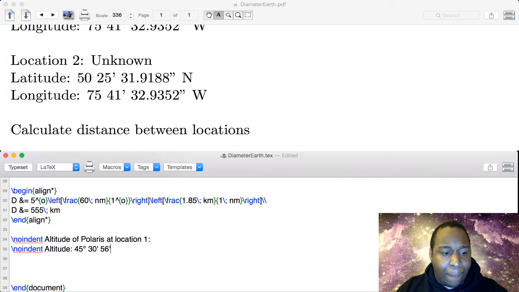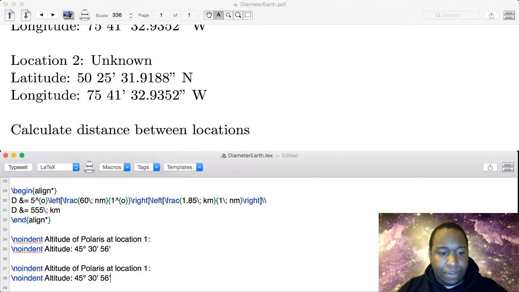And I'm going to copy and paste. And if I'm not mistaken, yeah, that does make perfect sense. The altitude angle has changed by, it looks like, 5 degrees, which makes sense because we're exactly 5 degrees of latitude up anyway.